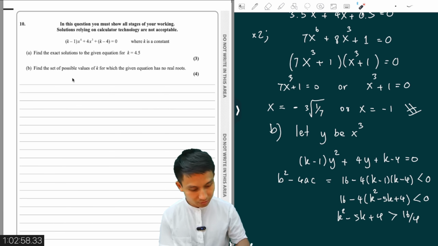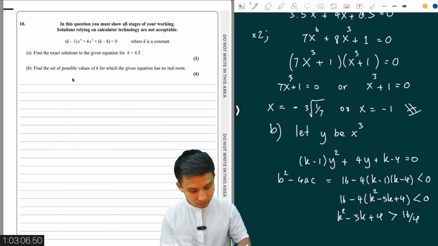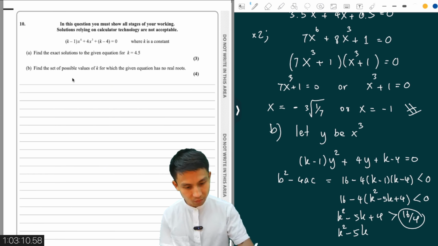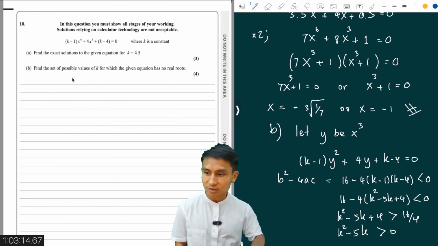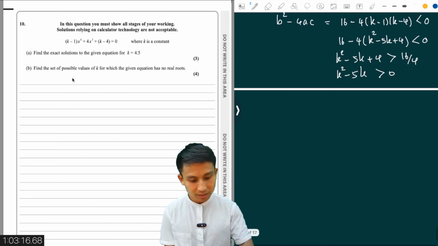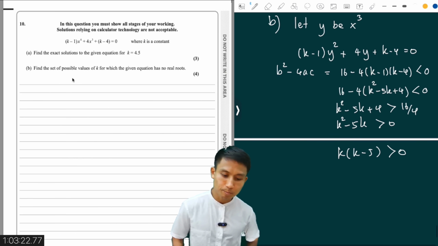So I just move this whole thing to this side first. I get a 4 and then brackets here, and then I do 4 divide on the other side, which is 16. So this is k squared minus 5k, and after you get 4 here, you subtract, then you are left with 0 there for the constant term. So that is just k times (k minus 5) greater than 0.